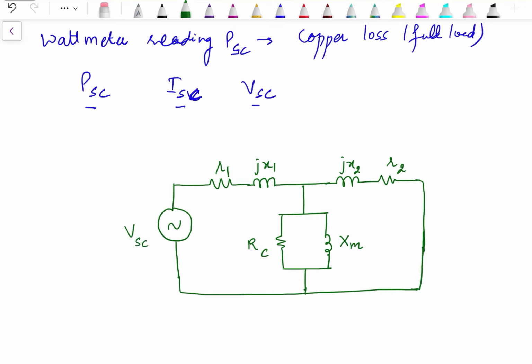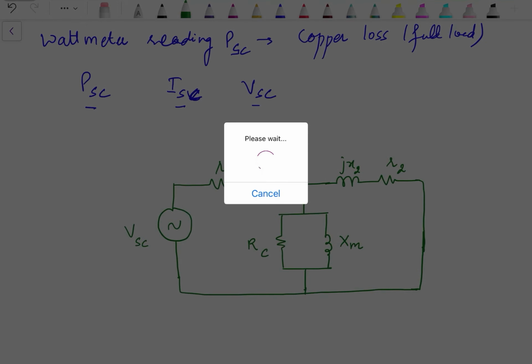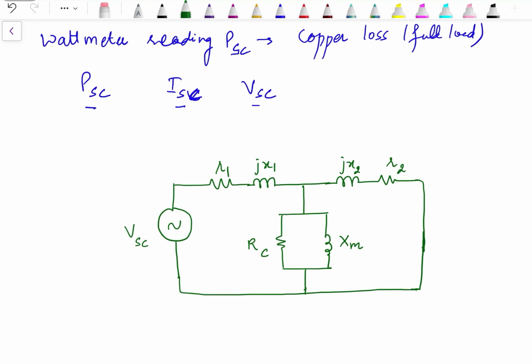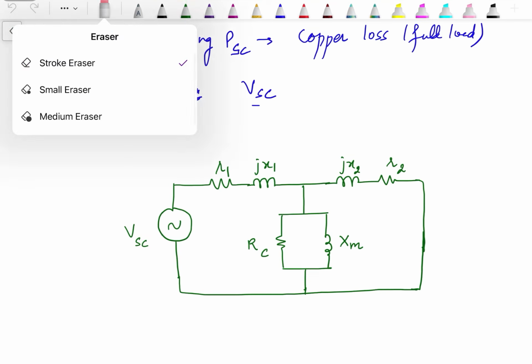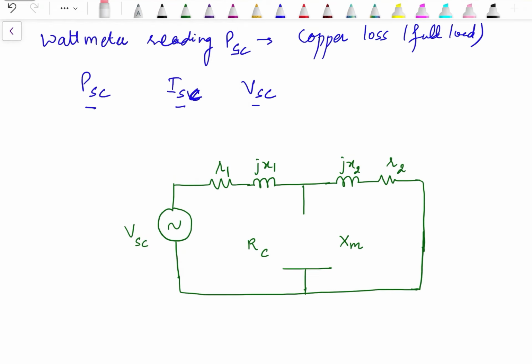When this one is much less than the rated voltage, so the no load current, that is also very small, and it is so small that we can actually neglect the shunt branch. So if we neglect the shunt branch, this is how the equivalent circuit looks like.